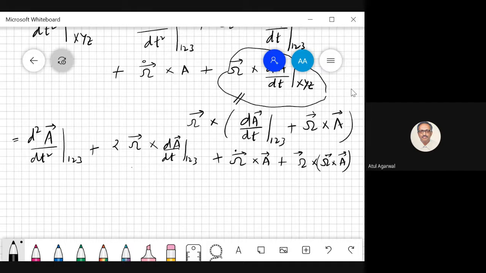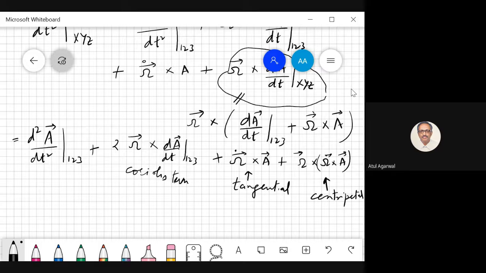So this is like the Coriolis term. And this is the tangential term. And this is your centripetal term.